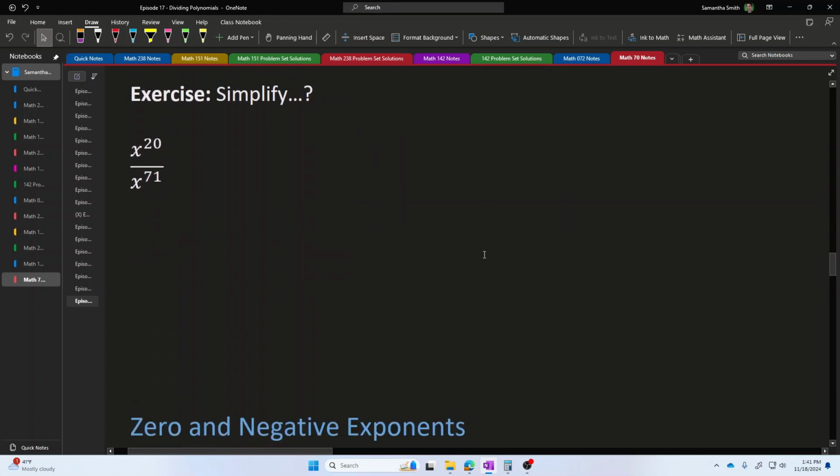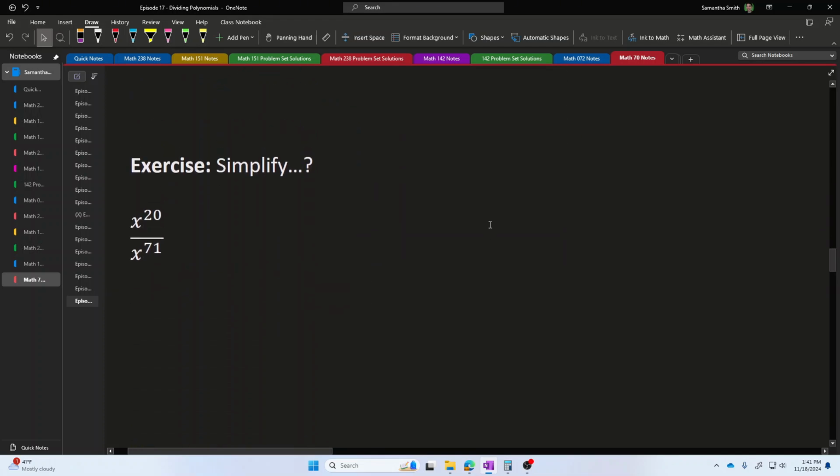Now, what if I tried to apply that same exponent property in this case? X to the 20 over x to the power 71. If I just went ahead and tried to apply that same exponent property to this expression, I would write down x to the power 20 minus 71, subtracting the top exponent and the bottom exponent.